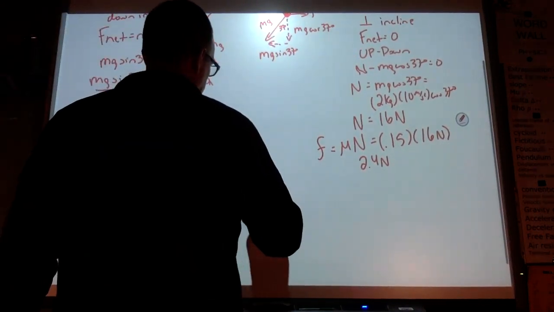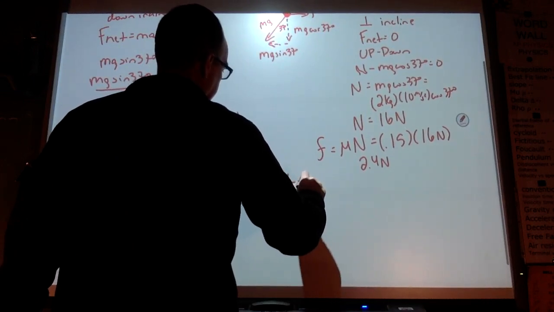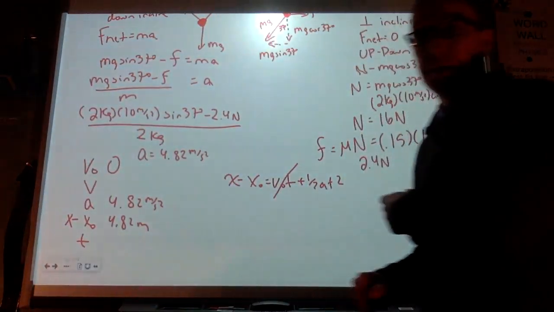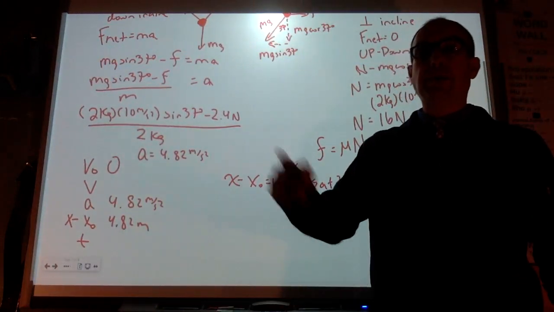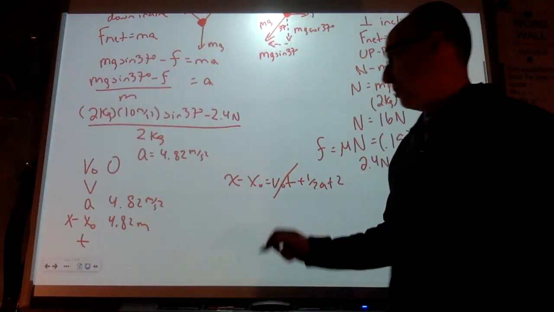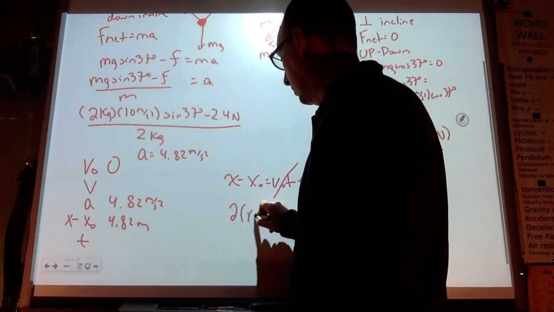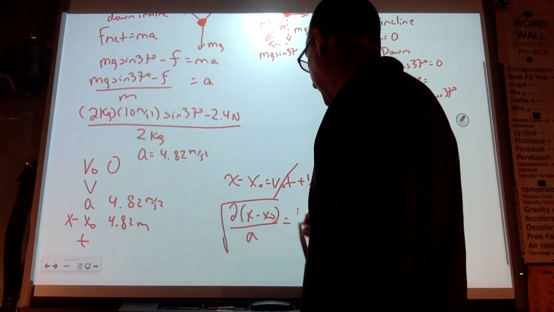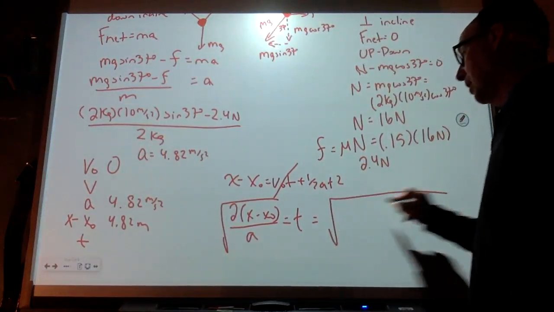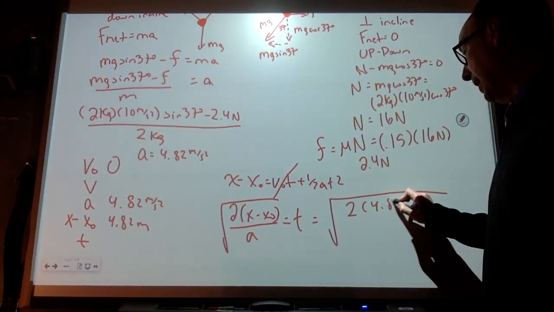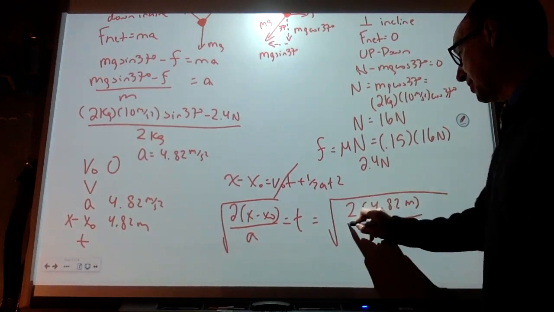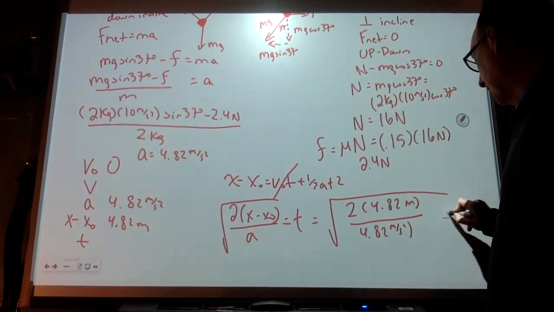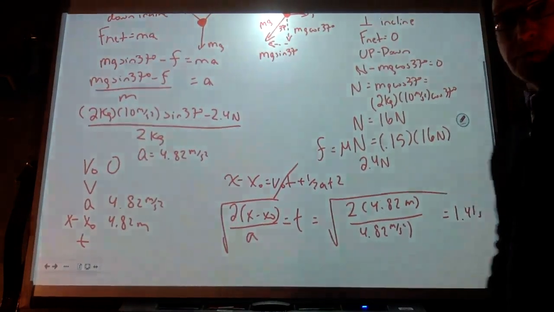Again, same formula. X minus x naught equals v naught t plus 1/2 at squared. That cancels out because v naught is 0. I'm going to multiply by 2, divide by a, and square root. And since my displacement and my acceleration are the same, those cancel out, and I'm going to end up with radical 2, which is 1.41.